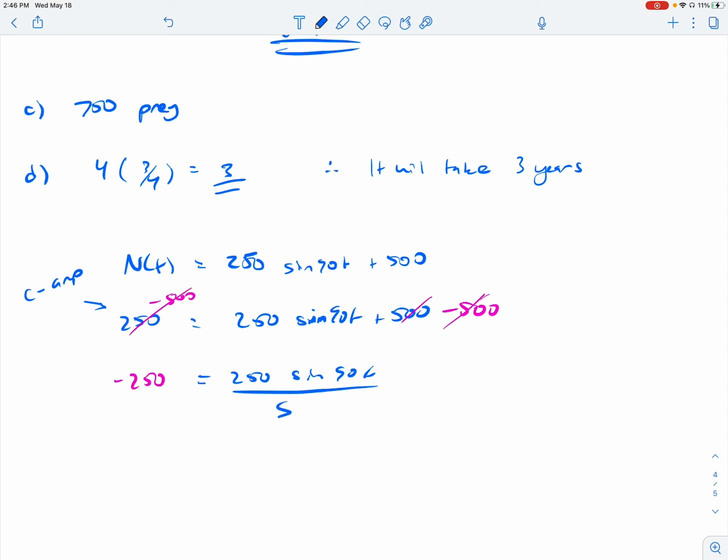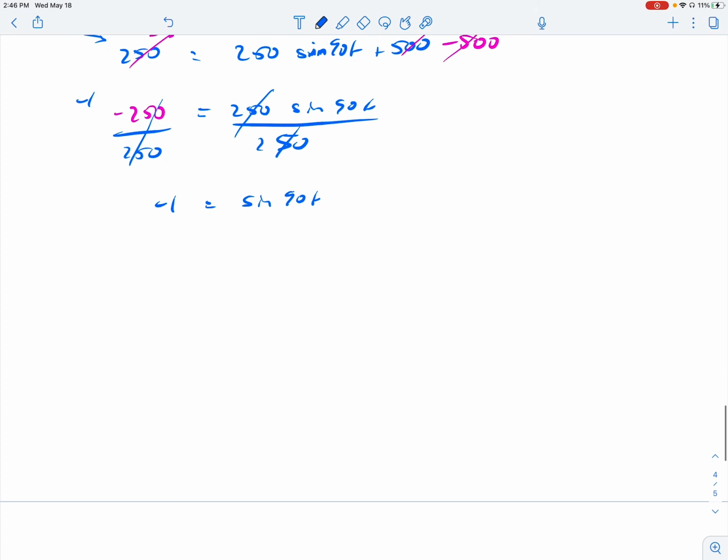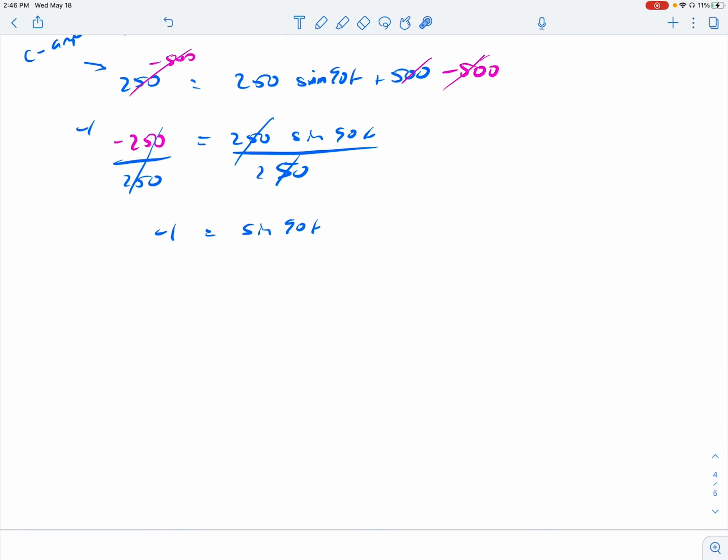Divide both sides by 250. We get -1 there. Those cancel out. So we have -1 equals sine of 90t. Okay. So at what angle does sine equal -1? Well, we know that angle needs to be 270.